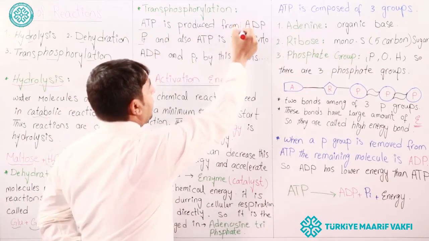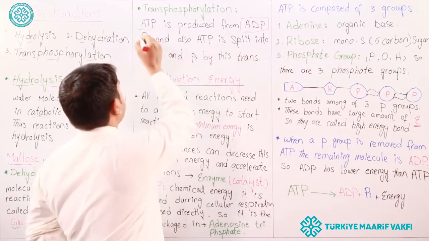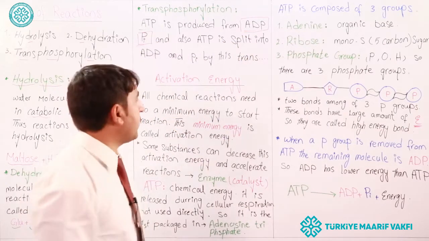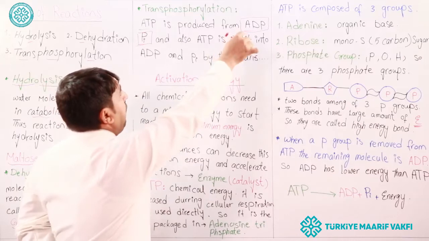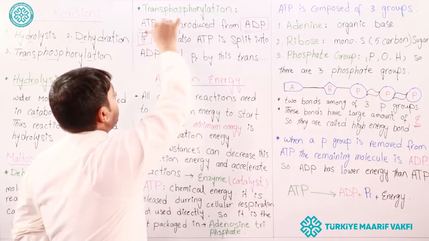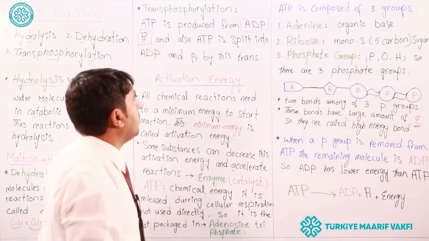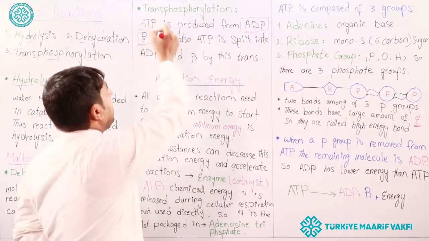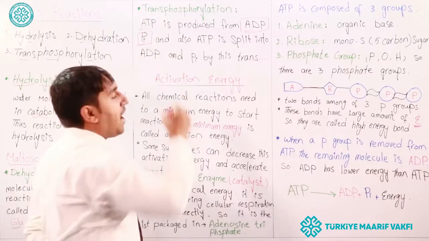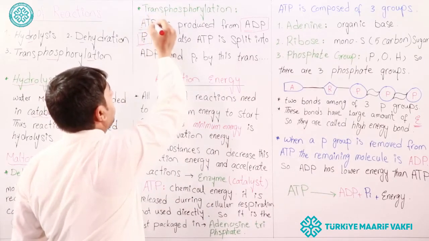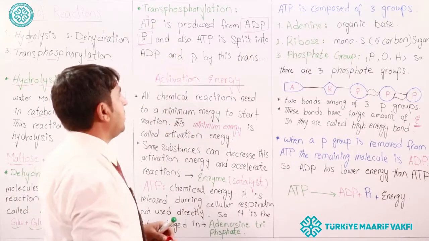The first one is ADP, and the second one is phosphate. Now if we want to make ATP, we have to combine ADP and phosphate. What is ATP? A means adenosine, T means tri, which means 3, P means phosphate.